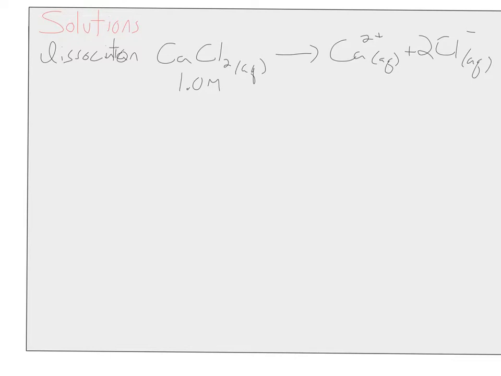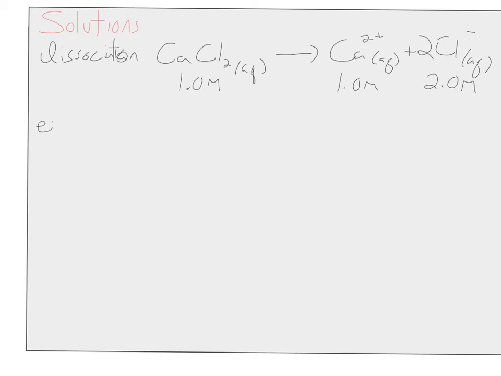That means the concentration of those chlorines is twice the concentration of the calcium, because my 1 molecule has 2 chlorines in it. So when they break off, I have twice the concentration. That makes life a little bit harder when you are trying to keep track of the ions, because they're never going to give you the ion concentrations, they give you the molecule concentrations. So you need to remember that there's 2 chlorines there.